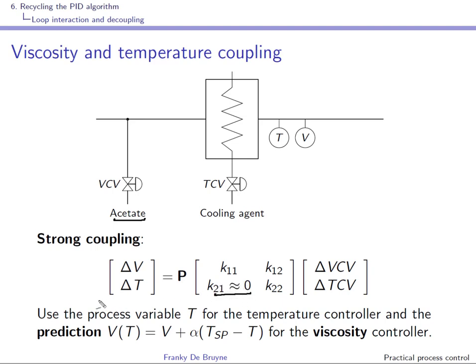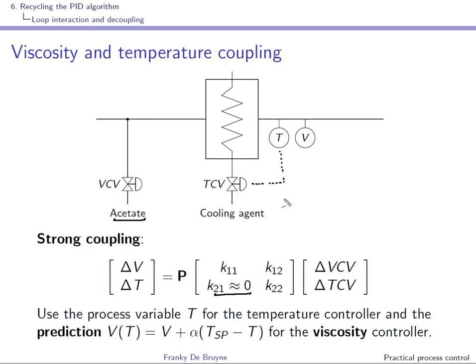So what we can do over here is control the temperature simply using this control valve. As we can see here, the temperature only depends on the position of this control valve, but we have a coupling effect in the sense that both the acetate flow and the cooling agent flow will influence the viscosity.